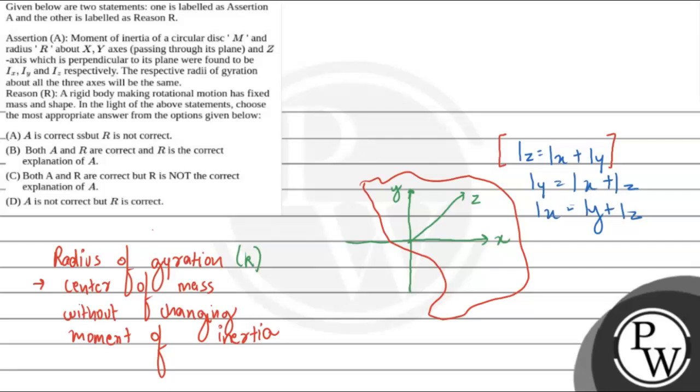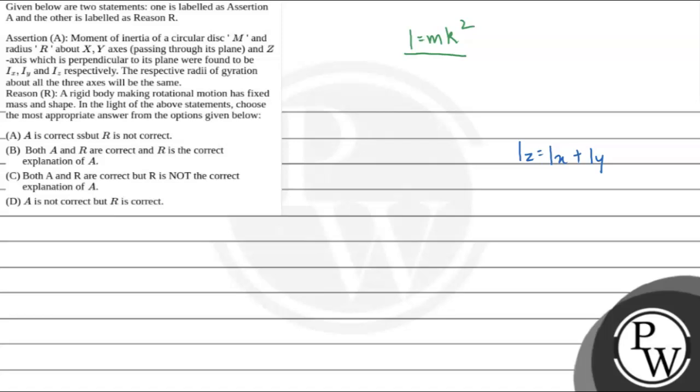So the relation between moment of inertia and radius of gyration is I equals to m k square where m is the mass. अगर हम इस relation को यहाँ put करते हैं then it will be m kz square equals to m kx square plus m ky square. m common है so it will be kz square equals to kx square plus ky square.